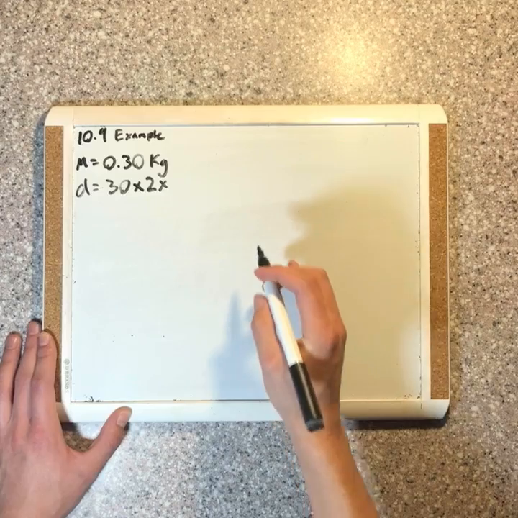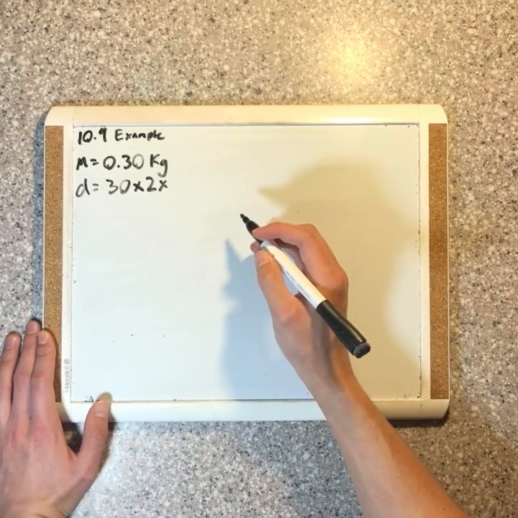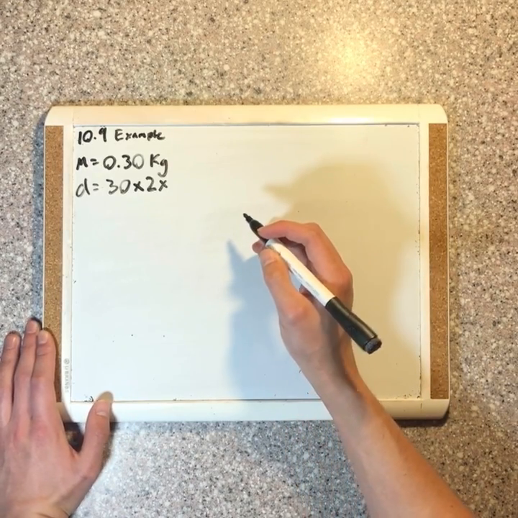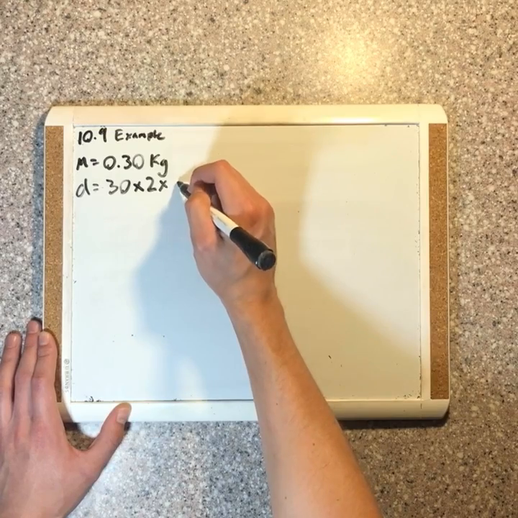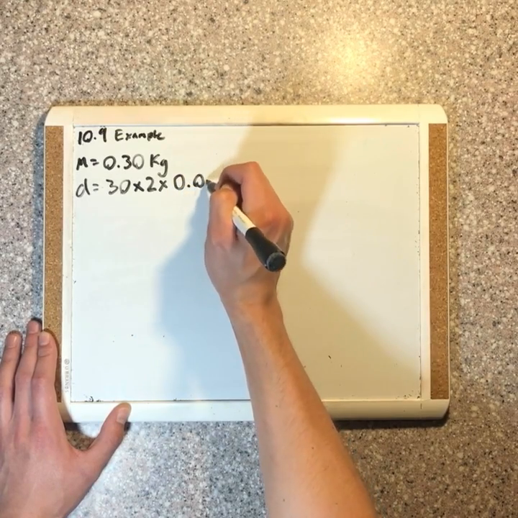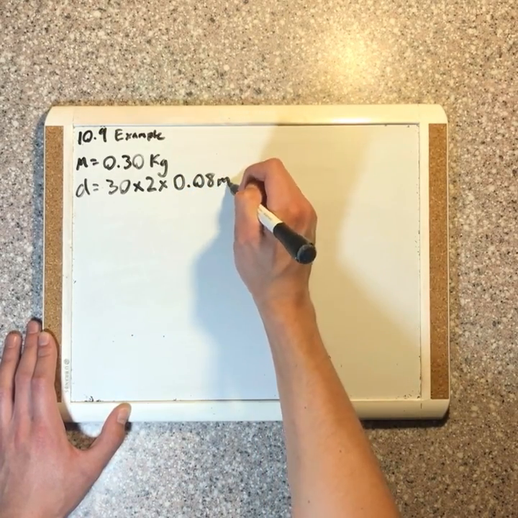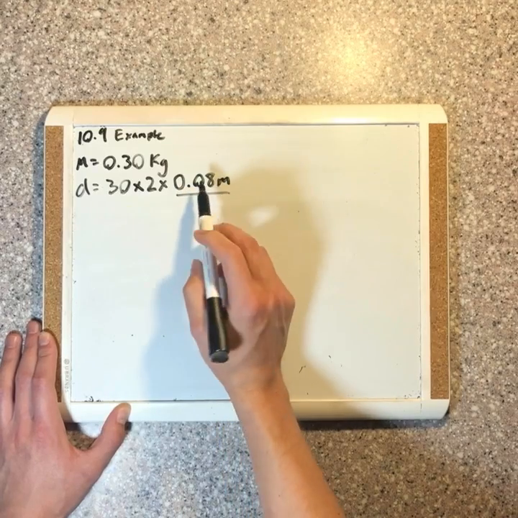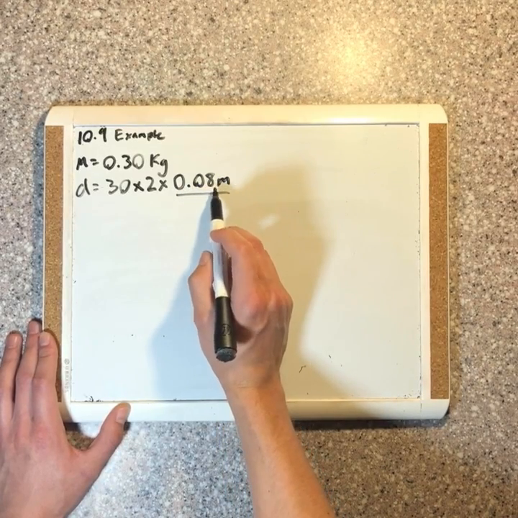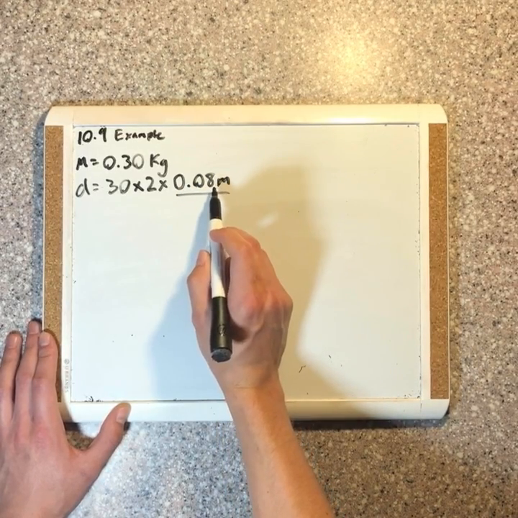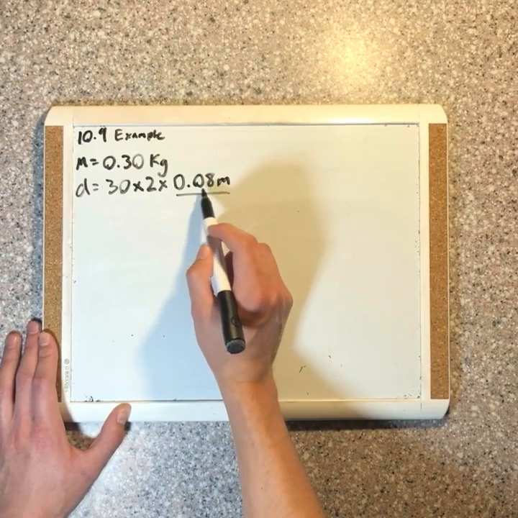And then we're going to go 8 centimeters each stroke, which is going to translate into 0.08 meters. This is important because that 0.08 meters is going to give you the correct answer. Otherwise, you're going to be off by 2 orders of magnitude.